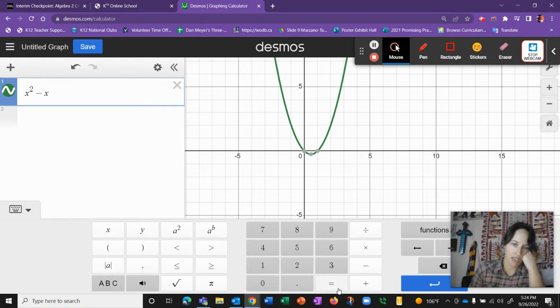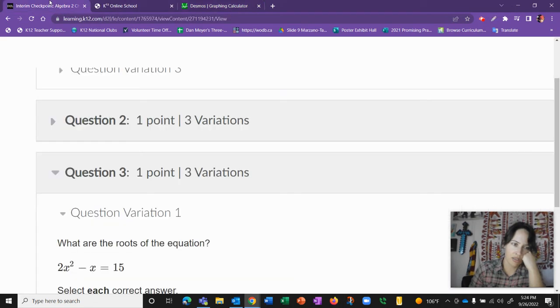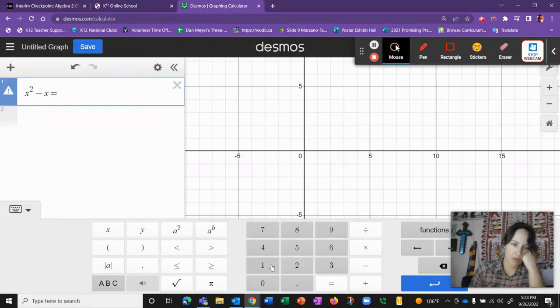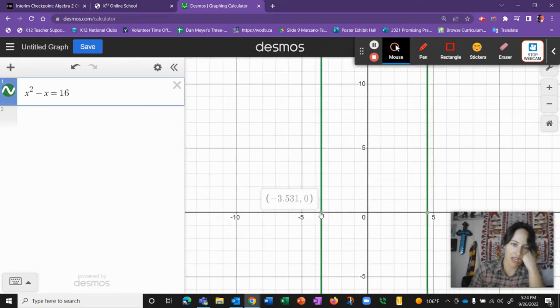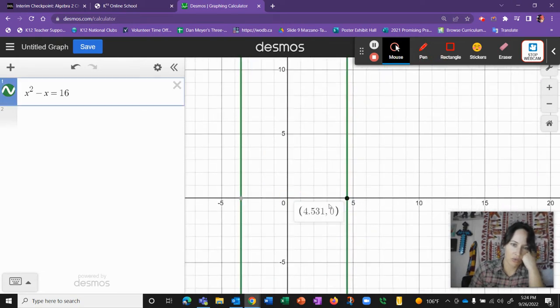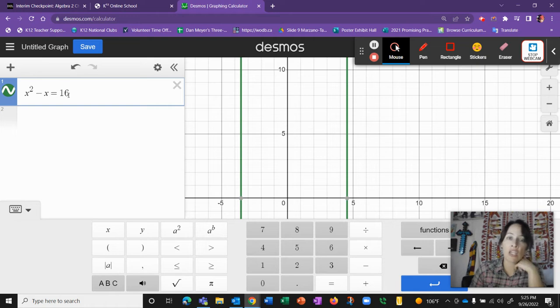But then it said equals 15, let's just do equals 16. What in the world? It gave you 2 lines. That doesn't make any sense. Well, that's because you had it graph an equality, not a function.